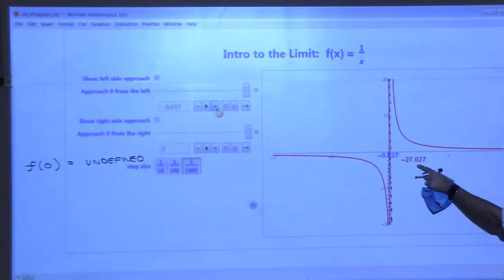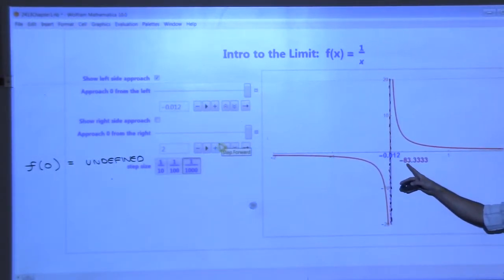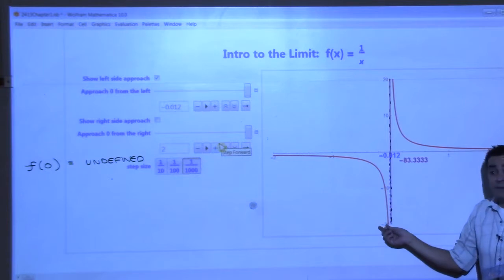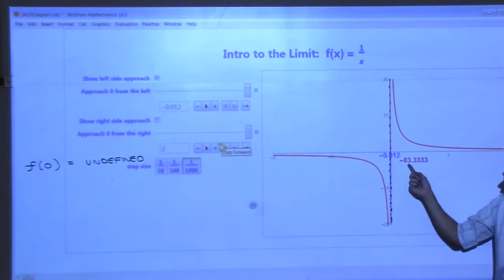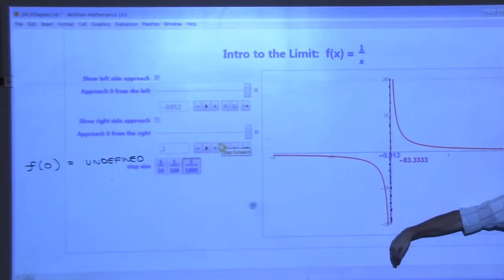I'm at negative 27, 28, 29, 30, look, 40. I'm really heading out there. I can keep going. Wow, it's really growing. It's becoming very big, but negative, right? And we all learned in college algebra that this is going to get infinitely big, isn't it? And so it looks like it's headed towards this very large negative number, like negative infinity.